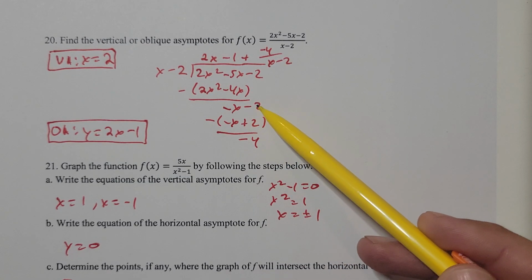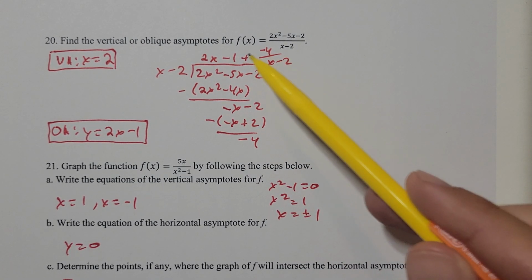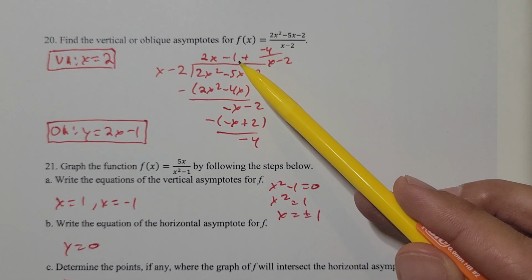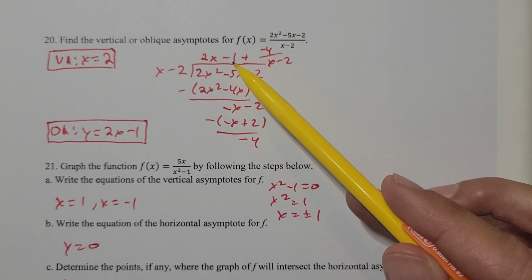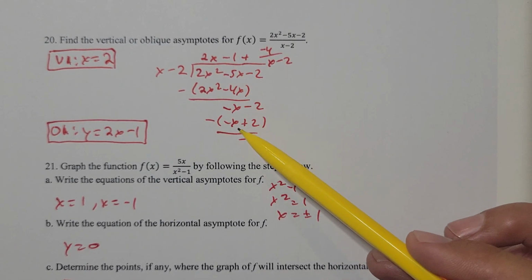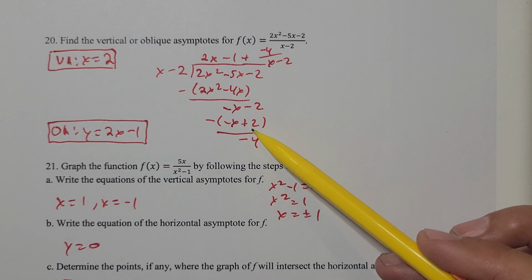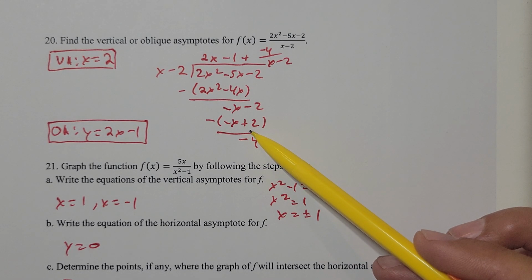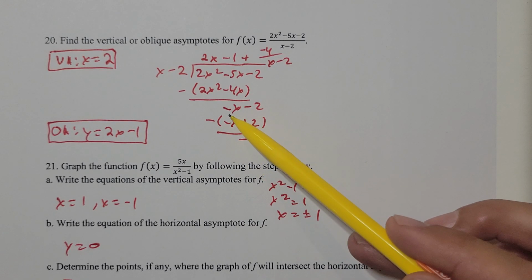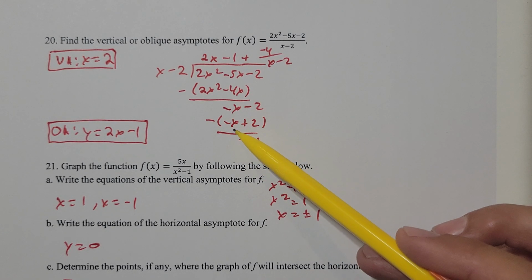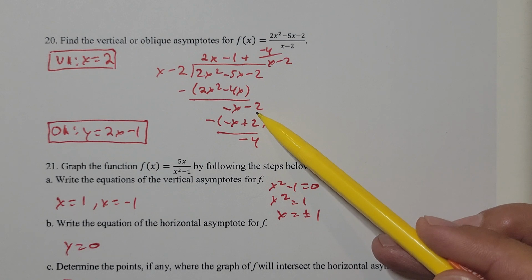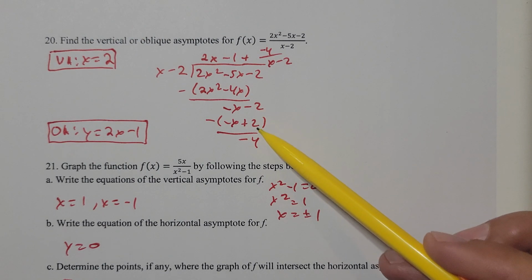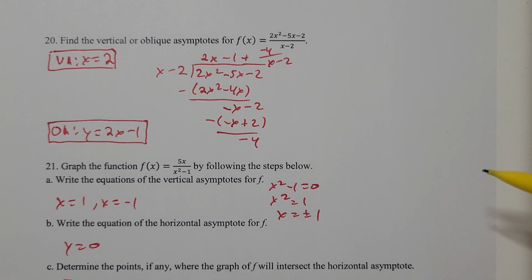And I can divide again. So if I tack on a minus 1 up top after the 2x there, negative 1 times x minus 2 is negative x plus 2. I'm subtracting those. Okay, so negative x plus x, that's 0. Negative 2 minus 2 is negative 4. Negative 4 is my remainder.